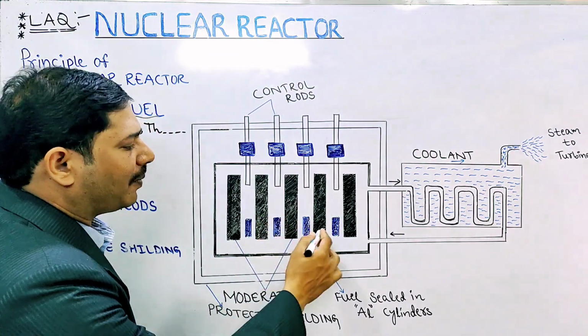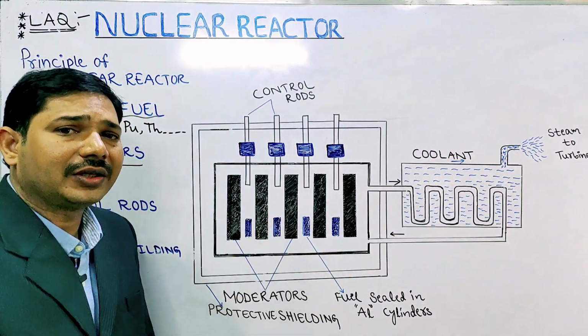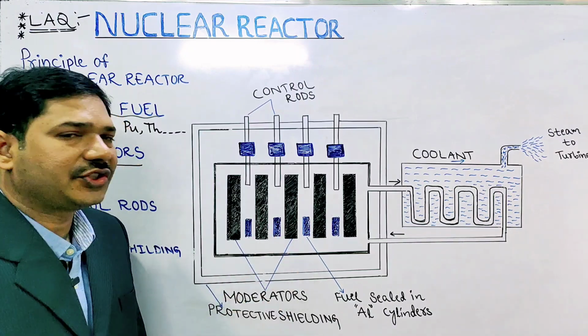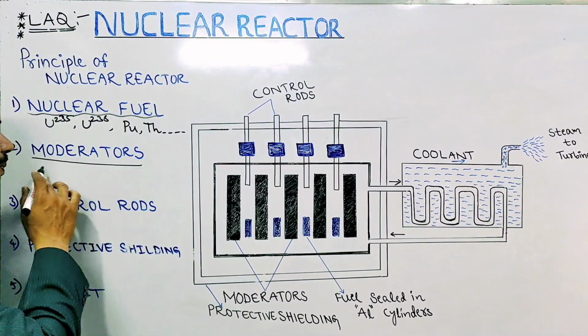While passing through the moderators, they slow down and continue the chain reaction. Why? Because for nuclear fission we need thermal neutrons, meaning slow motion neutrons. Those are called moderators.